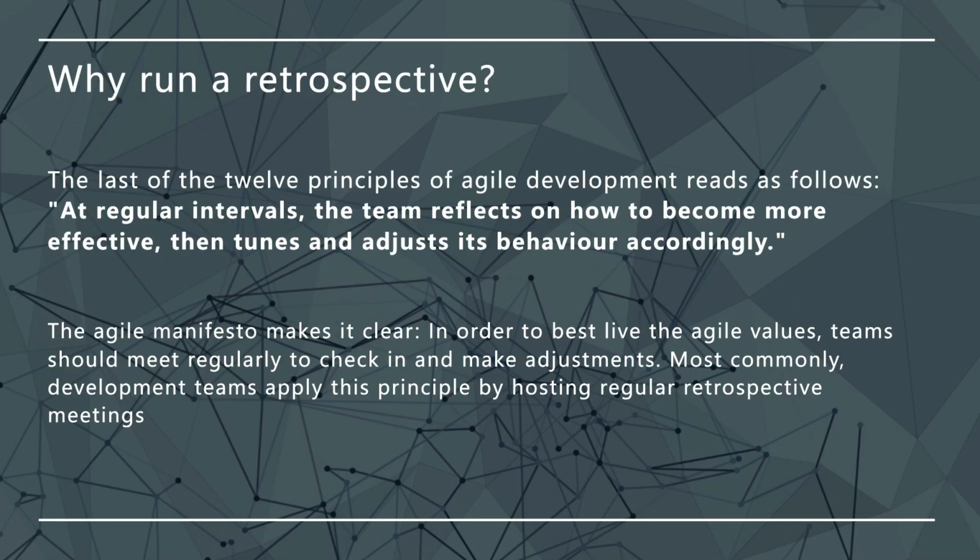All right. So next we'll discuss why to run a retrospective. Let's look at one of the principles, one of the last of the 12 principles in agile development. What it says is: at regular intervals the team reflects on how to become more effective, then tunes and adjusts its behavior accordingly.